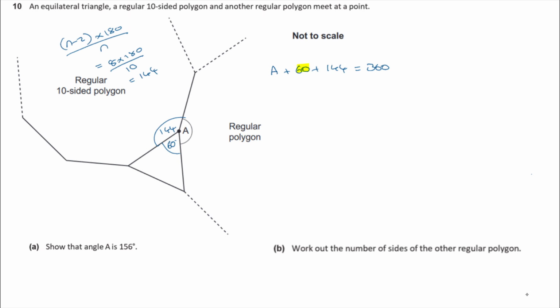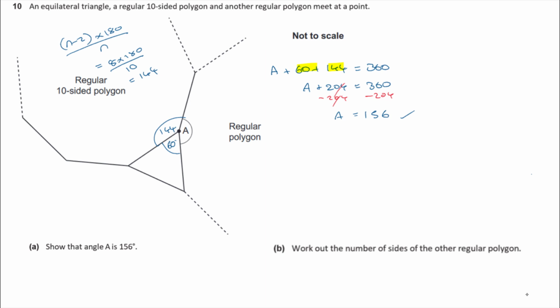Adding these two together, I get A plus 204 equals 360, and then subtracting 204 from both sides, they cancel, leaving me with A equals 360 minus 204. That is 156, isn't it? So A is 156. I've shown the angle is 156. That's done.